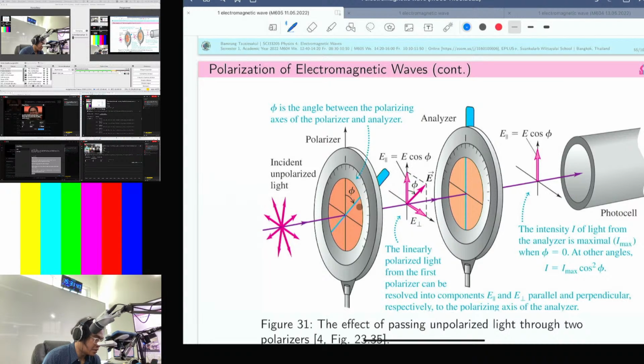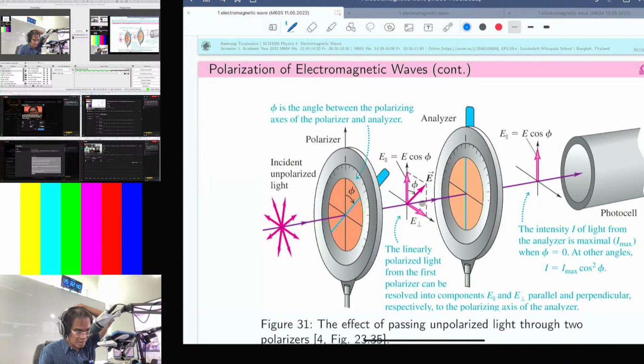Once we let it go through the polarizing axis knob like this, only the light with this polarized E field, a unique orientation of the E field, will pass this filter, and if it goes further, you can see that this component will not be able to transmit through this filter, because the polarizing axis of this filter is vertical like this, right?